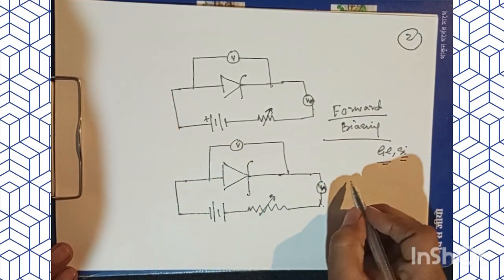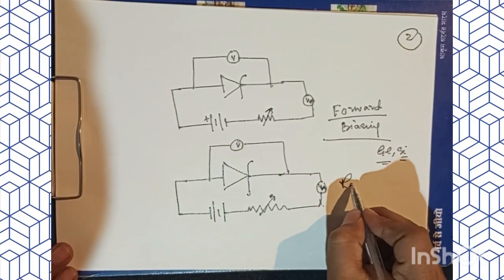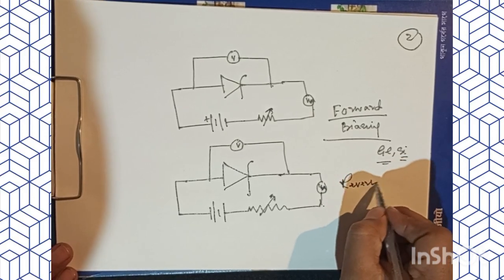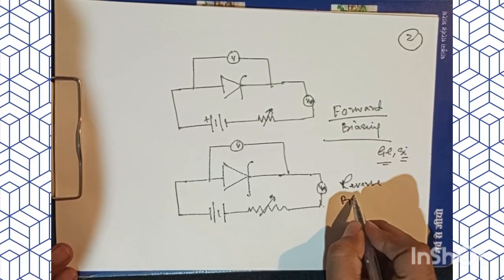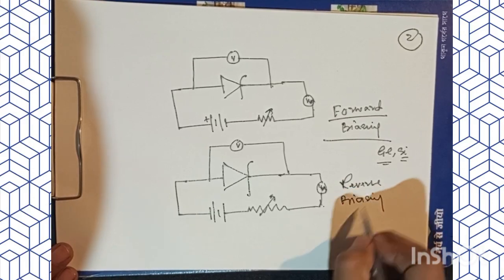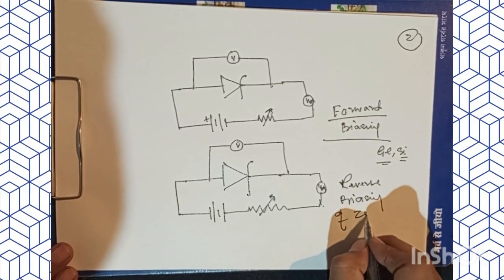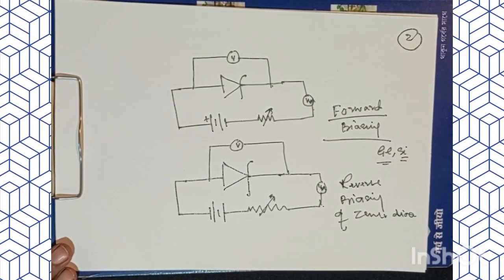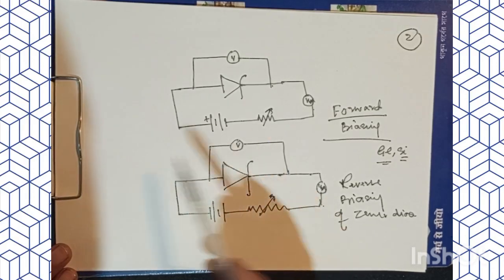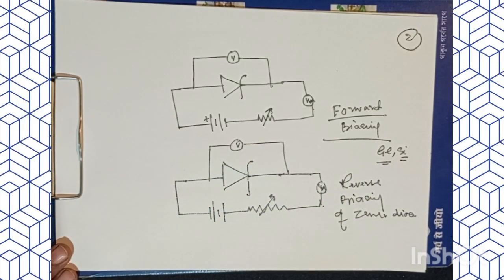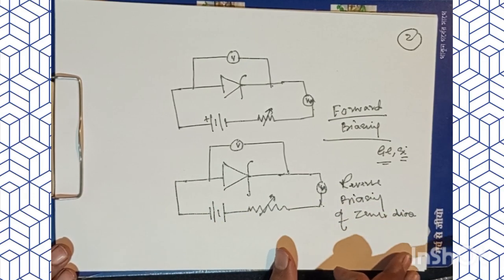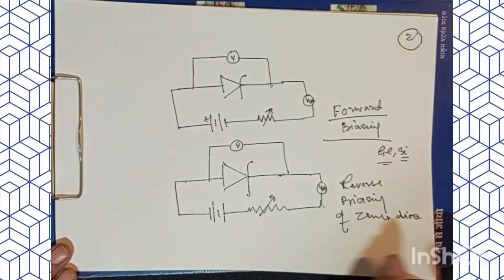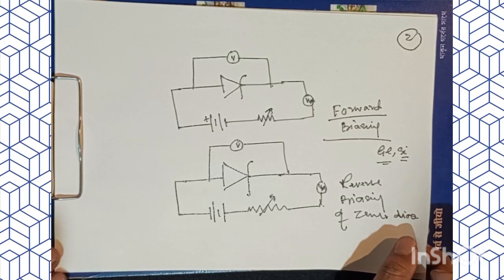So this circuit will refer to the reverse biasing of the zener diode, right? Simple. We can characterize them. We can find the relation between voltage and current, and what is the behavior of this reverse biased zener diode.